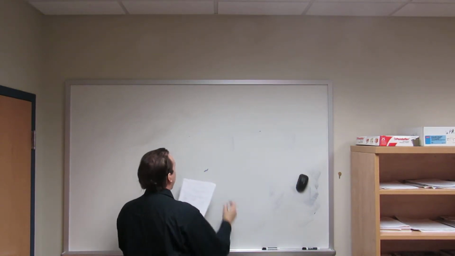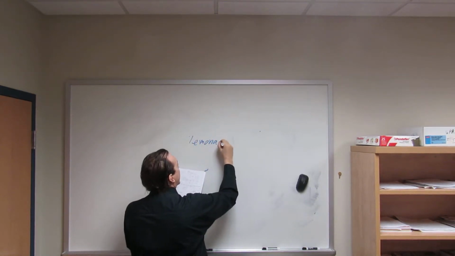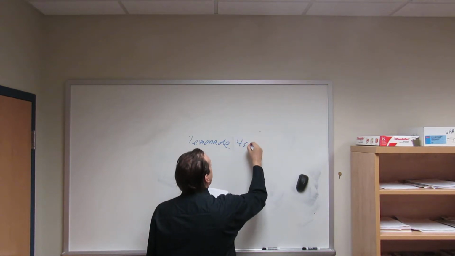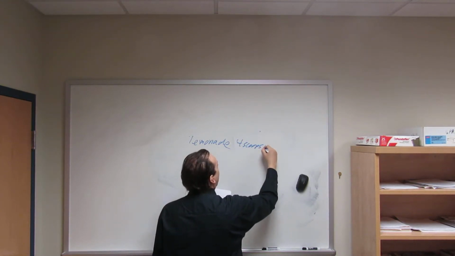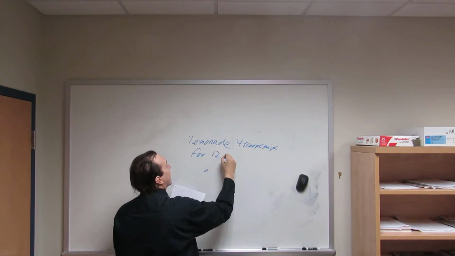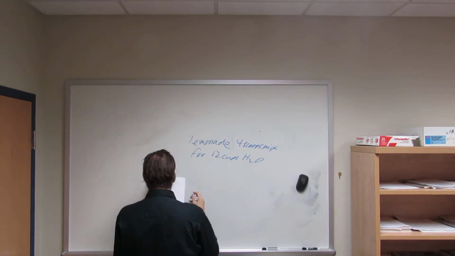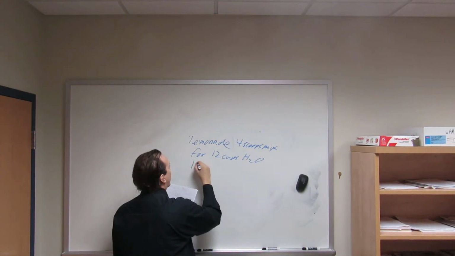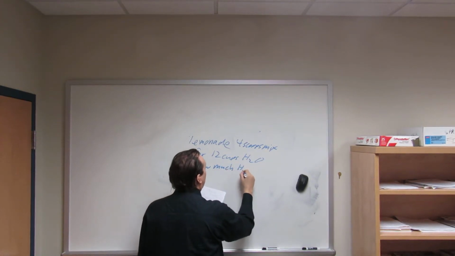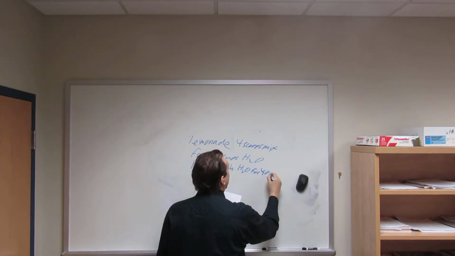Next, let's say that we have lemonade. This is just like the one on test 2. Say 4 scoops of mix for 12 cups of water. How much water for 40 scoops?